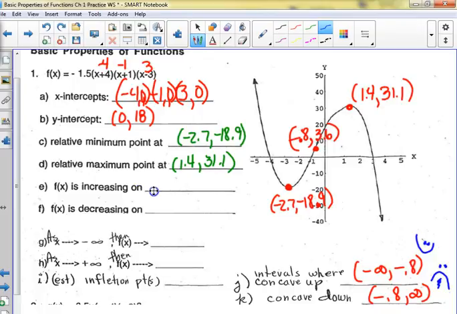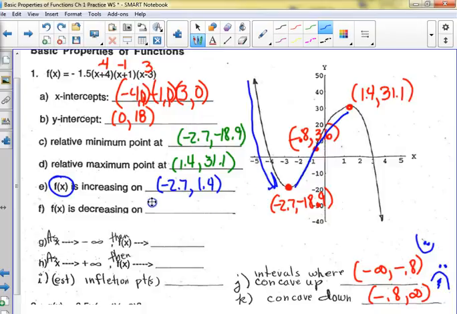Increasing, what points do we use for increasing? This means the y value is increasing on what intervals of x? Yes? Do we agree? Increasing, going up there. Remember, it's left to right. So we could have started with decreasing because that's what it does first, right?